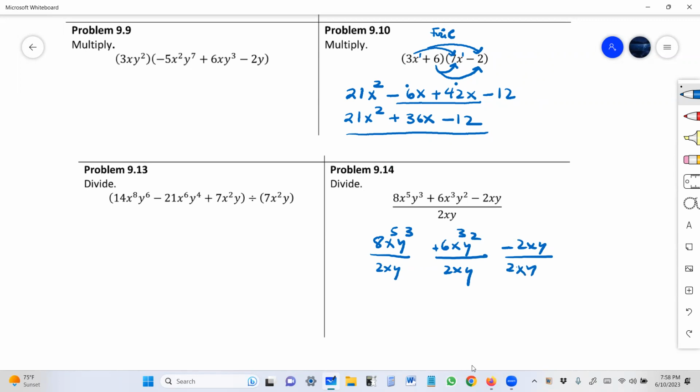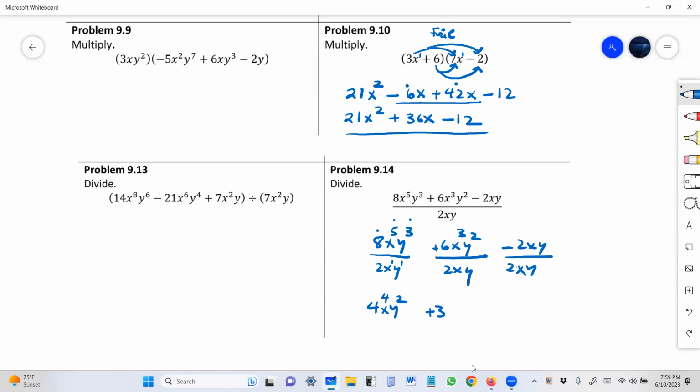So division, very similar to multiplication. You do 2 things. You do the numerical part first, and then you do each of the variables after. So 8 divided by 2, 4. X to the 5th divided by x to the 1 is x to the 4th, right? 5 minus 1. Y cubed divided by y to the 1 is y squared.